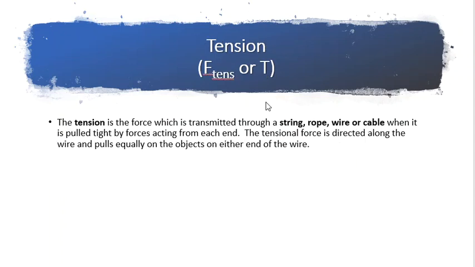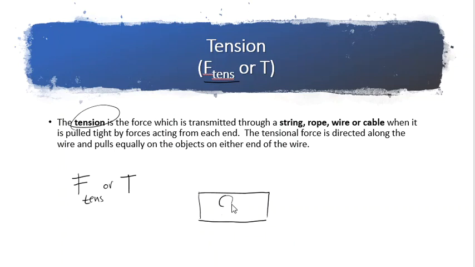Another type of force is called tension force. So that's how you write it. You can write down F sub tens or just uppercase T. So if I have a picture frame and I hang it onto the wall with a string, not a spring, a cable or a rope.